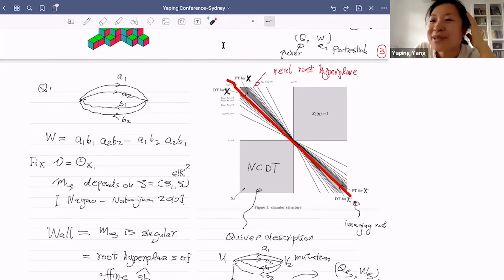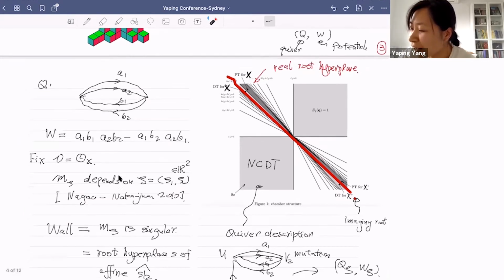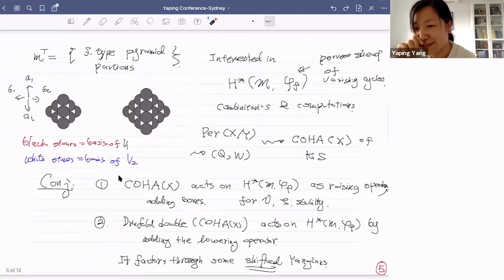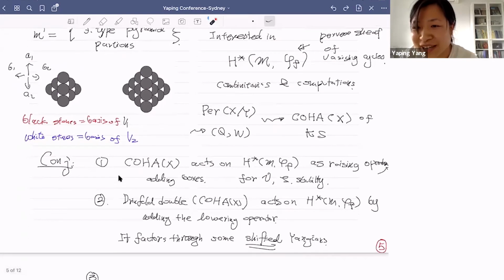This moduli space certainly is interesting, and how to compute and find the symmetries for those moduli spaces sounds interesting to me. The COHA and those shifted Yangians are just a way of putting those invariants together and doing the computations together.